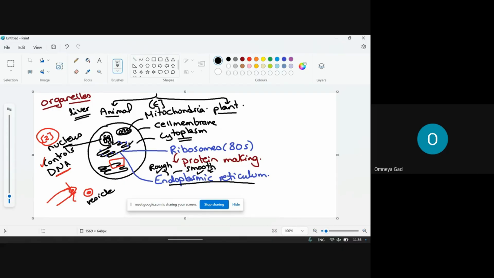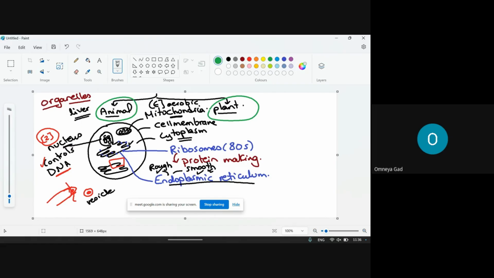Aerobic respiration takes place inside it. So aerobic respiration will happen inside the mitochondria. It will produce energy, and this energy it will give to the cell to do its activities. Fine. By the way, all of these structures are found in both animal cells and plant cells.